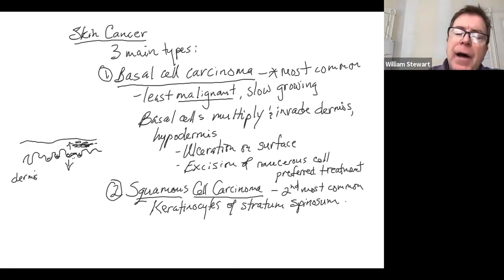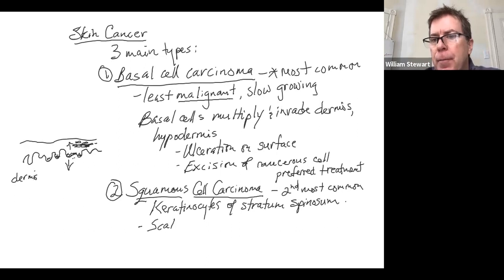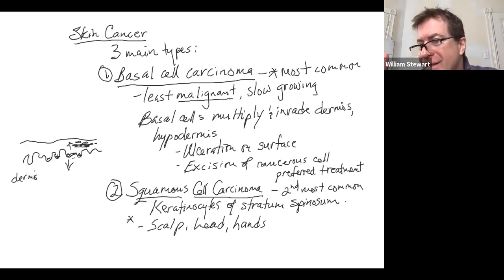The parts of the body that are most commonly affected by squamous cell carcinoma are the scalp, the head, and the hands, typically the tops of the hands, not the palm. And these are the most commonly exposed parts of the body to sunlight.